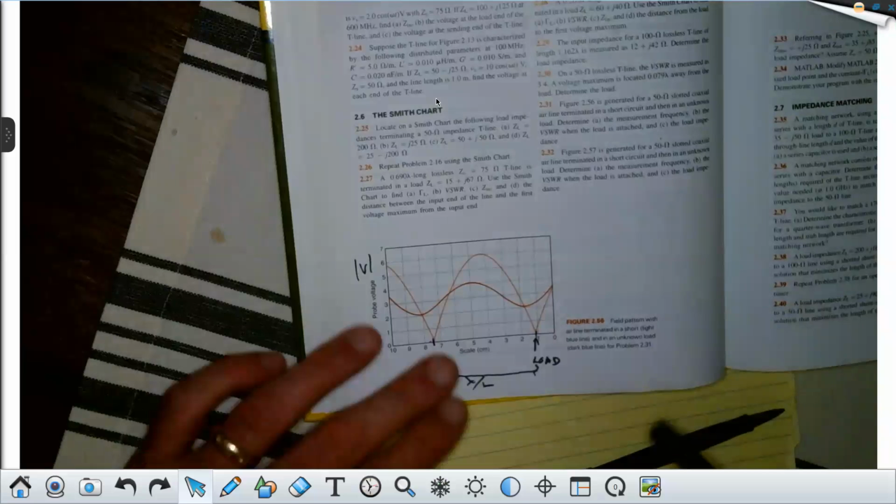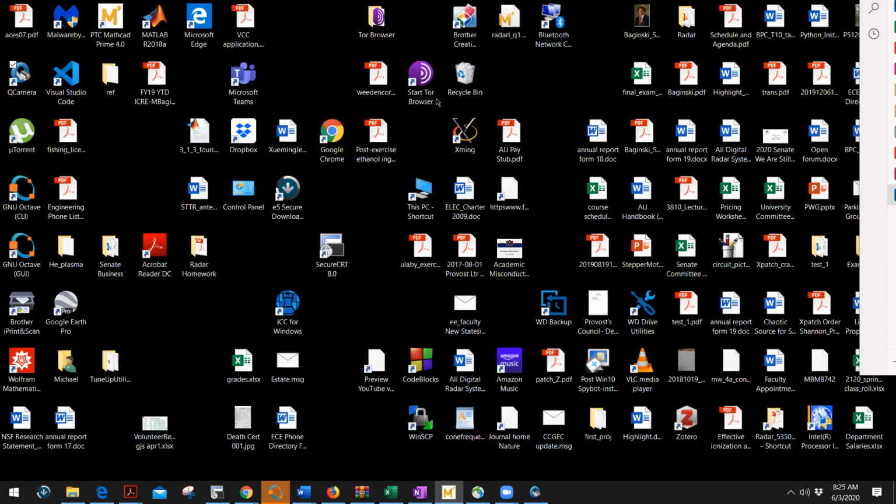When I look at this, y'all see once the load is attached, the ratio of the maximum value of voltage to the minimum value of voltage would be the voltage standing wave ratio, correct, class?